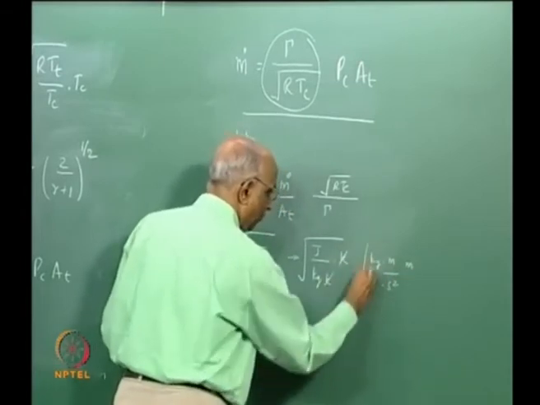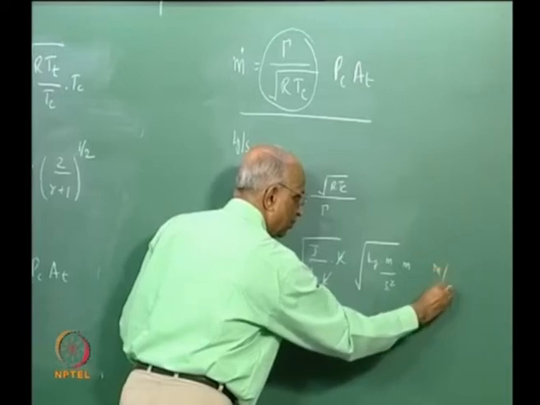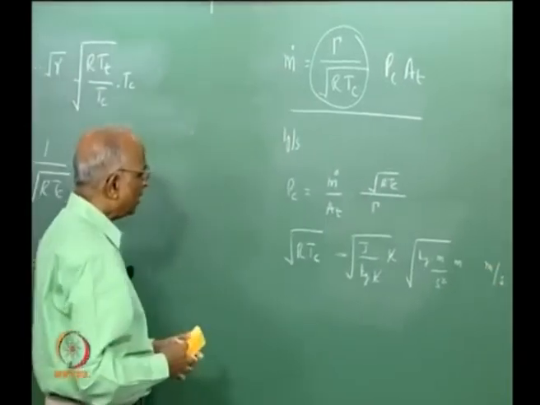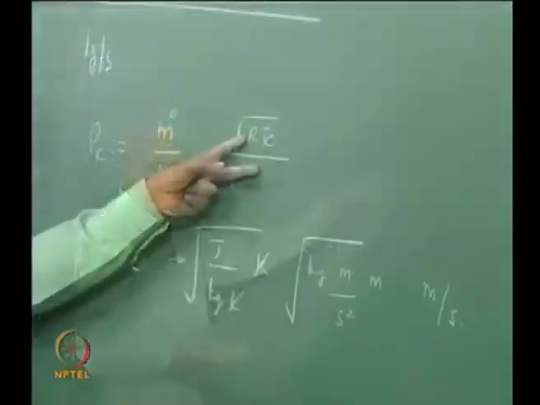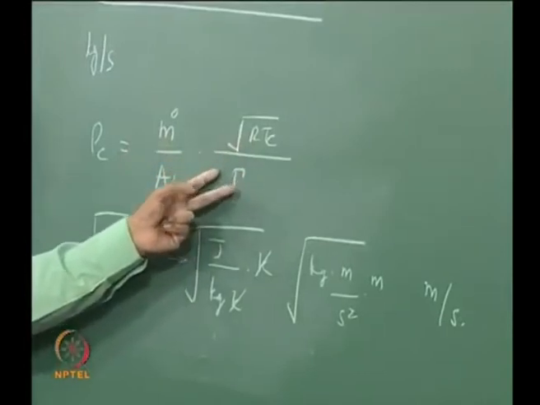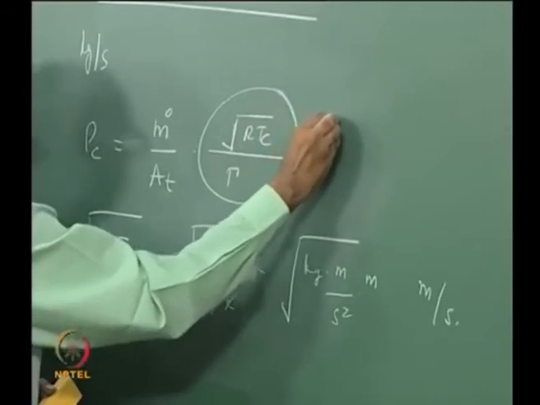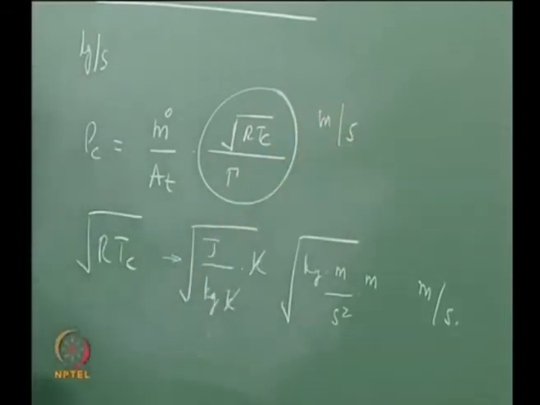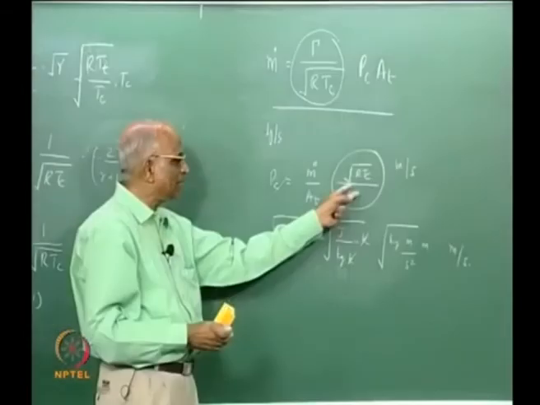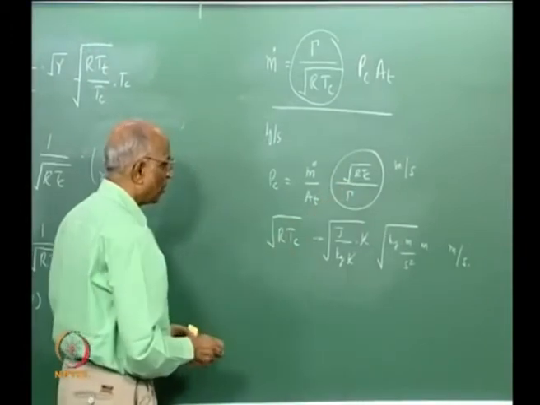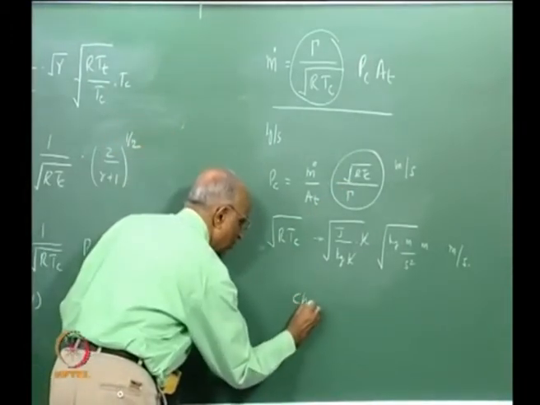Kelvin gets cancelled, therefore you have meter per second. Therefore the value of 1 over gamma under root RTC, gamma being just a function of gamma, has units of velocity, meter per second, and this particular value under root RTC by gamma is what is spoken of as characteristic velocity.